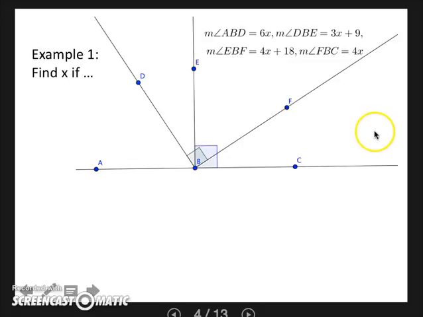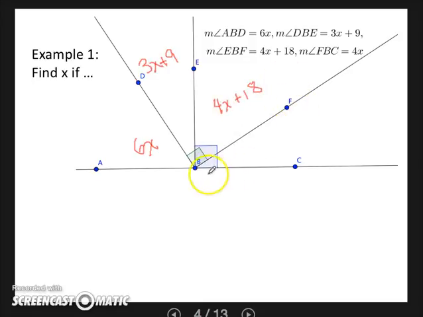Let's do an example problem using perpendicular lines. Suppose we're told that the measure of angle ABD is 6x. The measure of angle DBE is 3x plus 9. Measure of angle EBF is 4x plus 18.